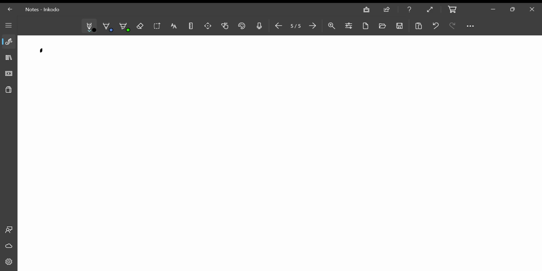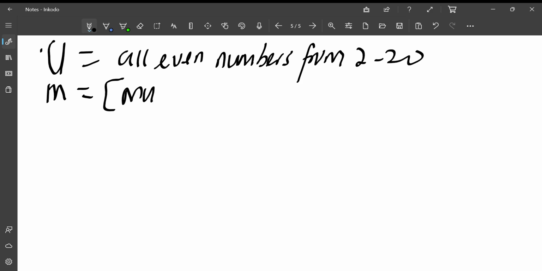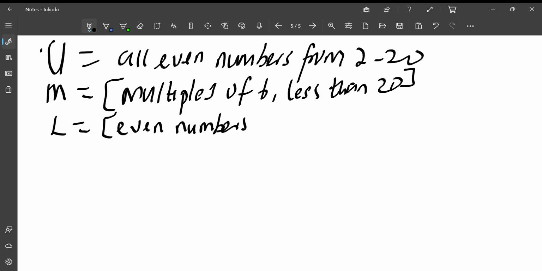They will tell you that the universal set U is all even numbers from 2 to 20, and then M is equal to multiples of 6 less than 20, and then L is equal to the even numbers less than 14.